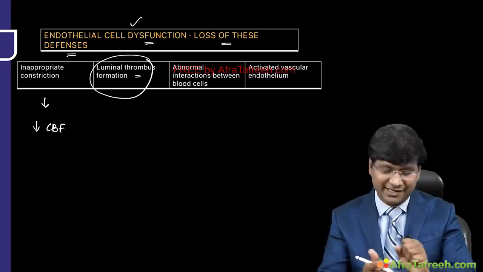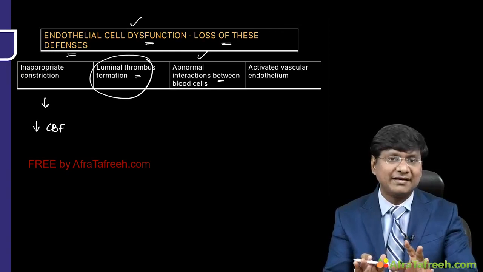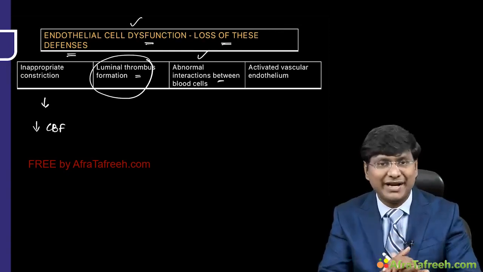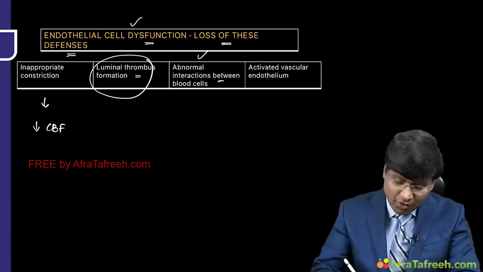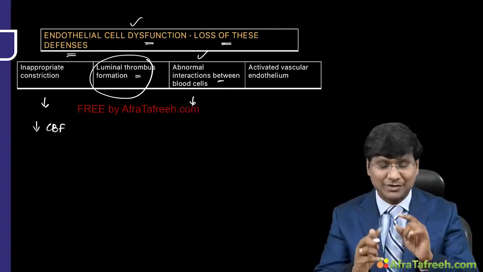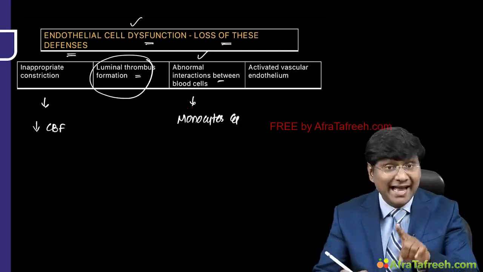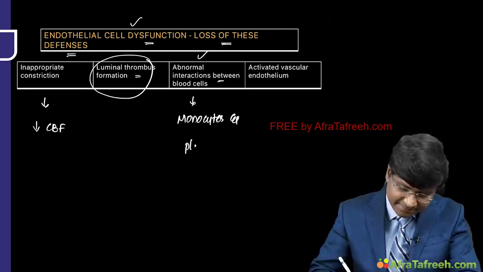And third, abnormal interaction between the blood cells will be there once there is loss of vascular endothelial function. What will be that abnormal interaction between the blood cells? That includes abnormal interaction of the monocytes and the platelets, right?